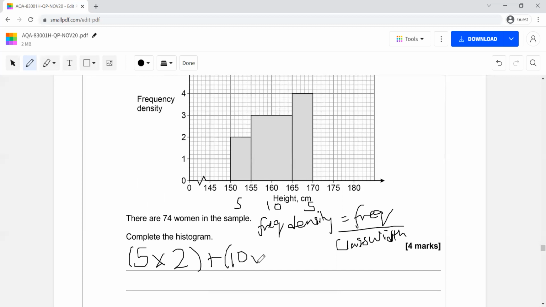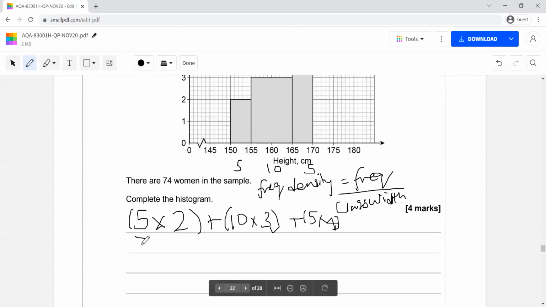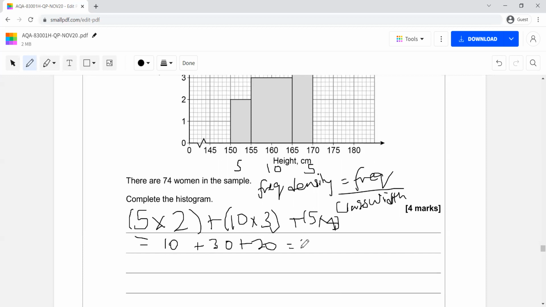And for the third one, we have 5 multiplied by 4. Okay. So this is equal to 10 plus 30 plus 20 equals 60 people.